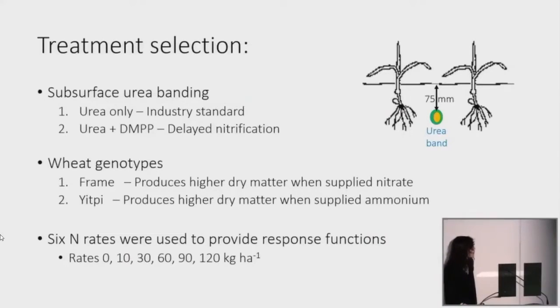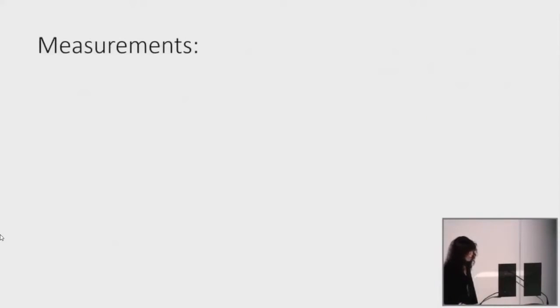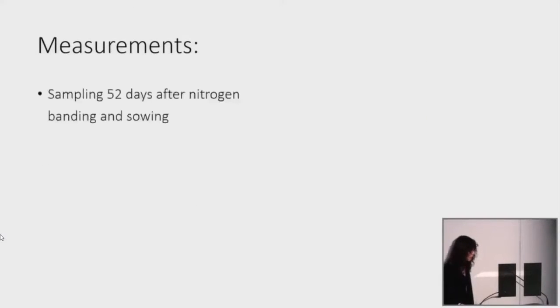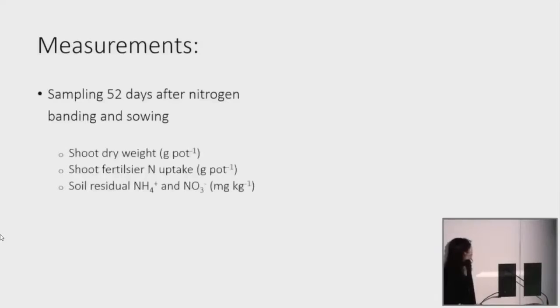I anticipated that the concentrated urea band effect, which I referred to previously, would occur at higher nitrogen rates, 90 and 120 kilograms of nitrogen per hectare. The measurements were undertaken on samples collected 52 days after nitrogen banding and sowing. That included shoot dry weight, shoot nitrogen fertilizer uptake, and soil residual ammonium and nitrate.